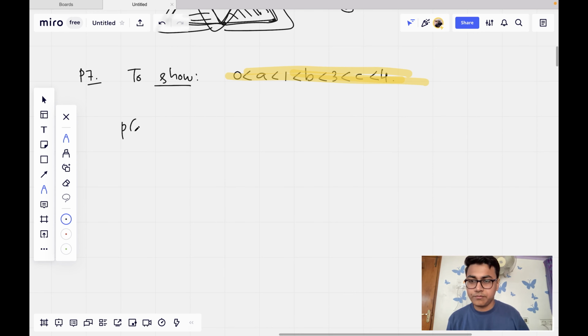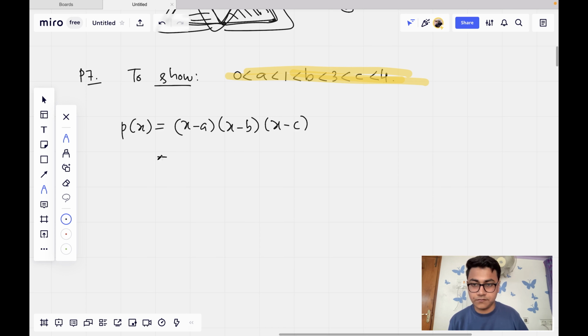Now let P of X be one of the cubic polynomials that has A, B, and C as the roots. We'll just consider the monic polynomial for ease. Let it be this cubic polynomial.